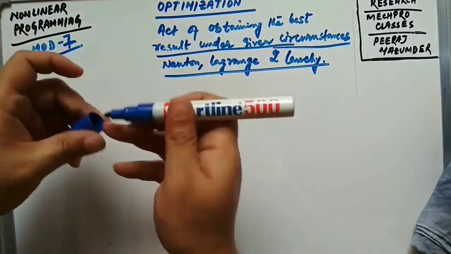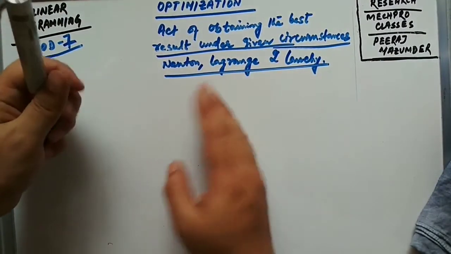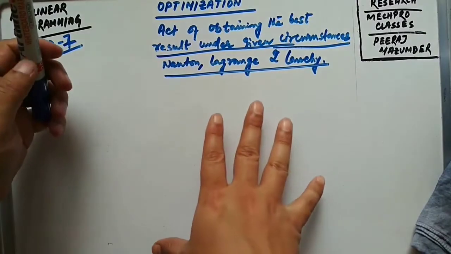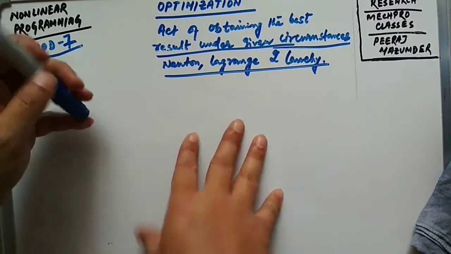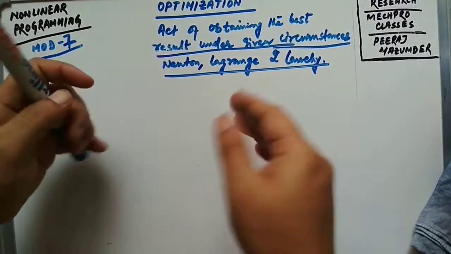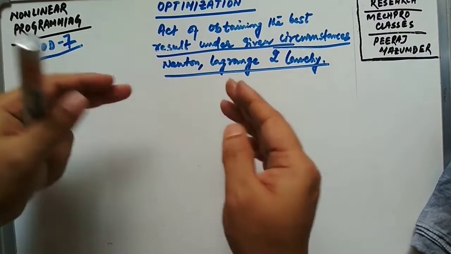From their time only, these optimization methods existed. But after the Second World War, when operation research came into existence, there was much need of operation research during the war, and it became most popular.